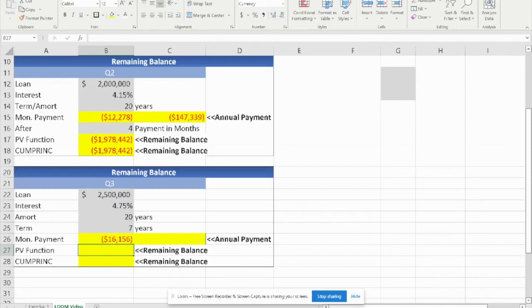Your monthly payment, if you borrowed this amount of money, would be $16,156.